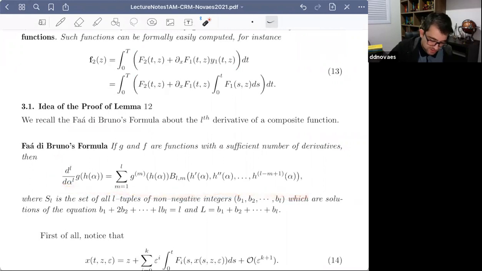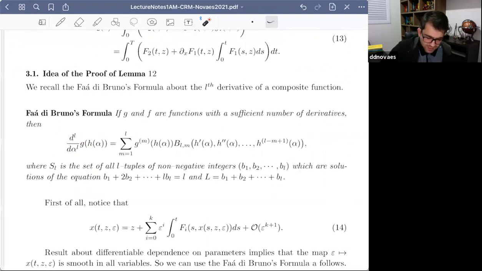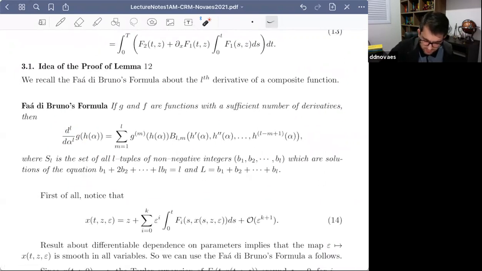I'm taking the l-th derivative of g composed with h, and the Faà di Bruno formula says that it's a sum of higher derivatives of g composed with h multiplied by partial Bell polynomials on the derivatives of h. Okay, so this is the formula.